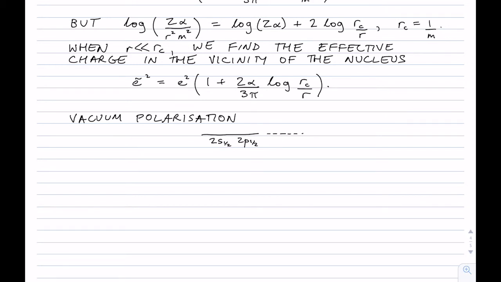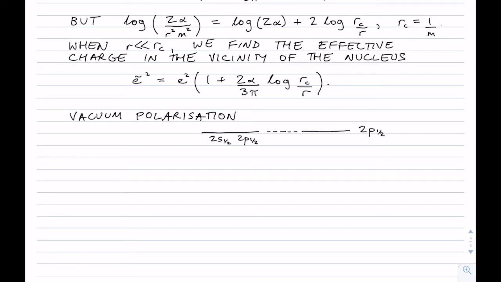The 2p will be almost unchanged, because it has a centripetal barrier which stops it from getting too close to the nucleus and feeling that extra potential. The S wave has no centripetal barrier, so it will feel a deeper potential.